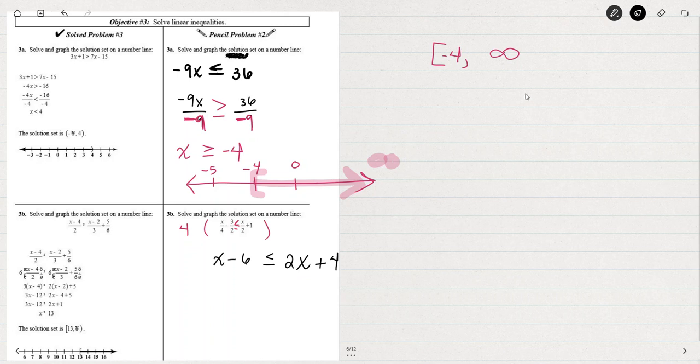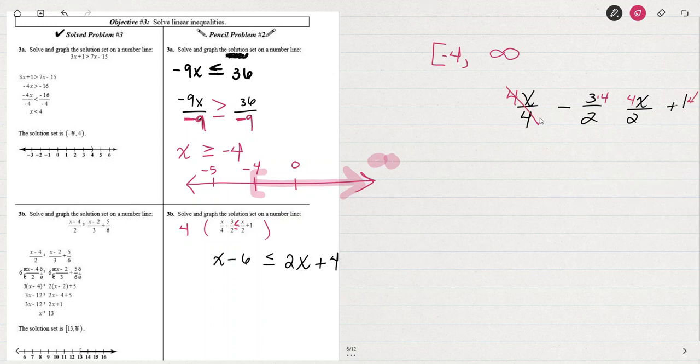Now off to the side, let me show you what I just did, just in case that was too much at once. I took this 4 and multiplied it by everything.